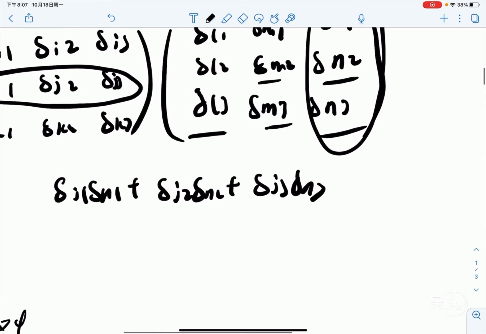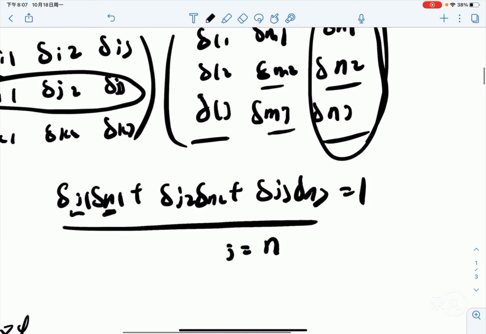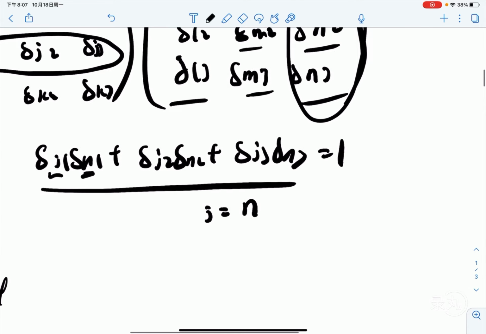So you can see that the case when this is equal to 1 is when J is equal to N, because J is choosing from 1 to 3, and N is also choosing from 1 to 3. So if J and N both equal 1 or 2 or 3, this is going to be 1. In other cases, if J is not equal to N, this is just going to be 0.